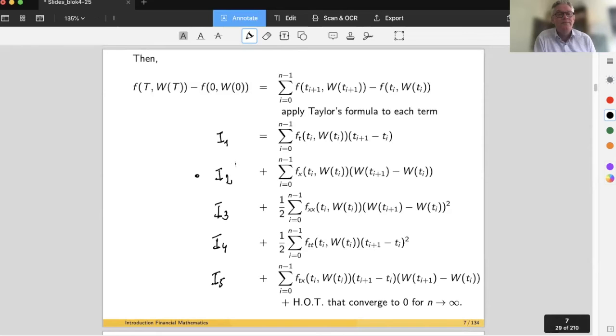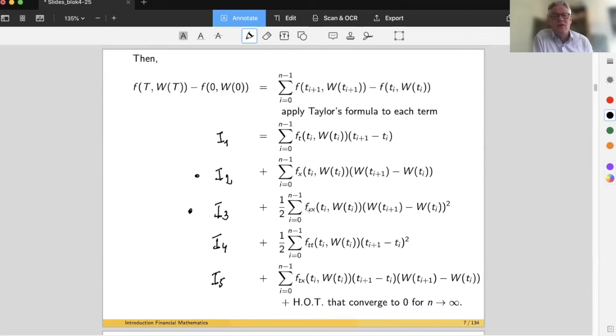The third one is in fact this one, and here we recognize this Brownian increment squared, and for delta t going to 0 and the number of points going to infinity, we know that this will converge to dt, in fact, right?